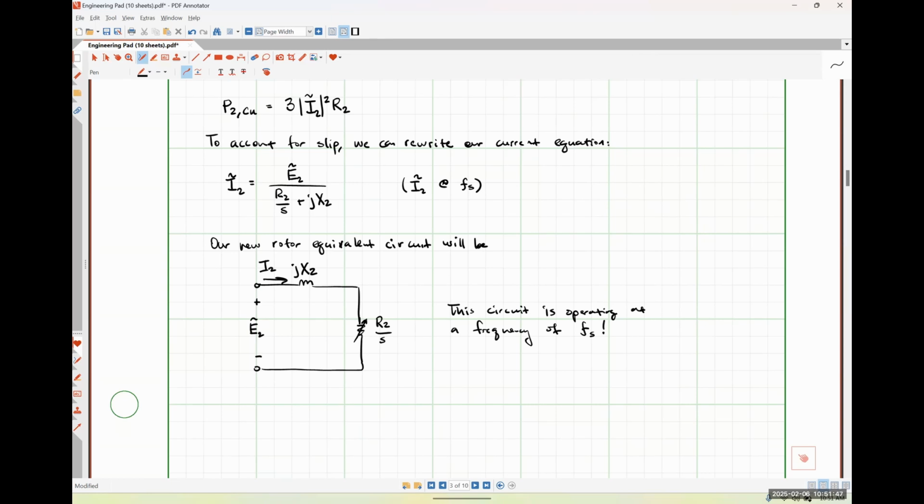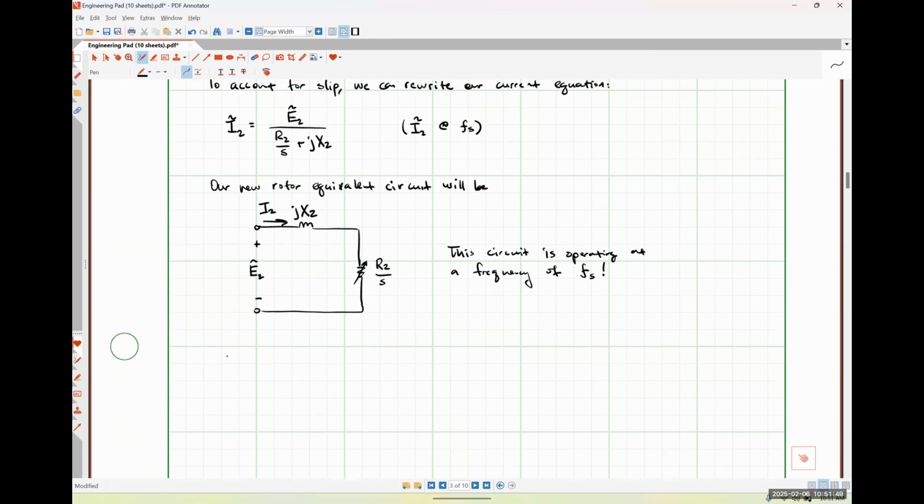So from here, our copper losses in our rotor windings are going to look like 3 times the magnitude of I2 squared times R2 over S, so that we see that our losses are indeed dependent on the slip. Okay.